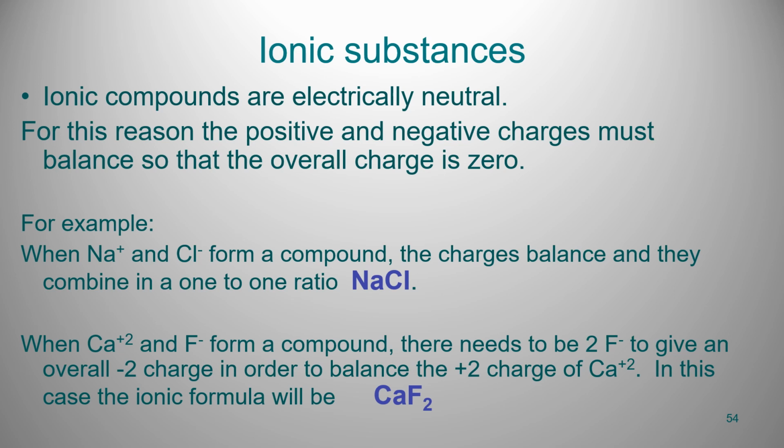The easiest example is NaCl. Na is a +1, Cl is a -1. If I have one sodium and one chloride that combine together, they become neutral. Notice that when I write them separately, I have the charge listed. It's really important to have the charge, because Cl negative is different from Cl, and Na positive is different from Na. Na represents the element. Na plus represents the ion. So always write the positive or negative charge.